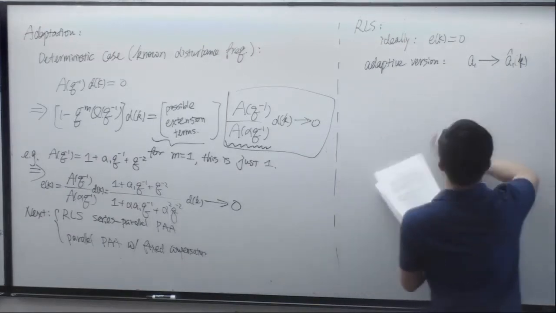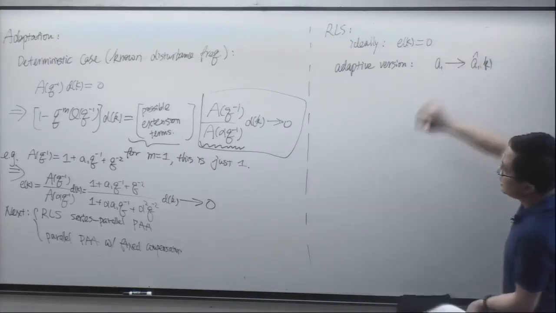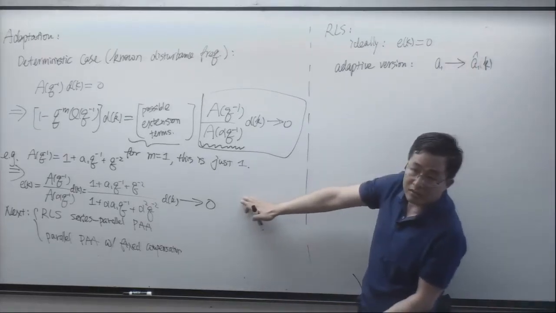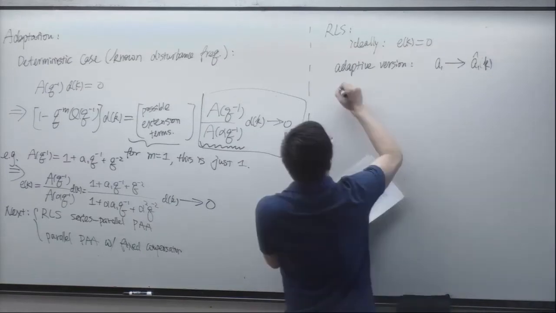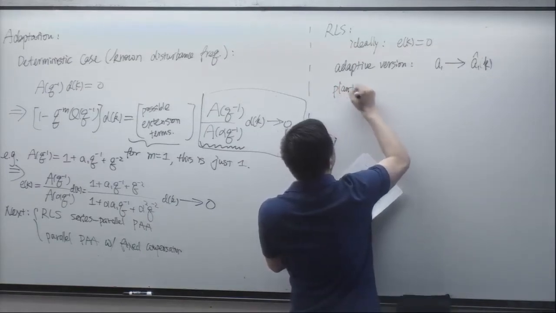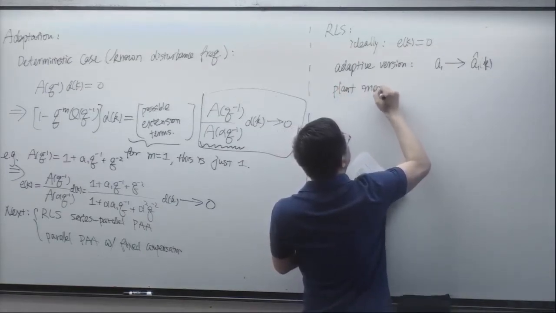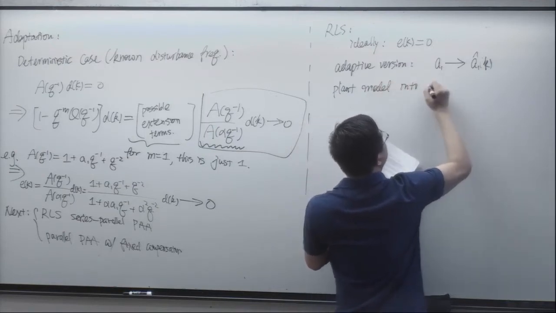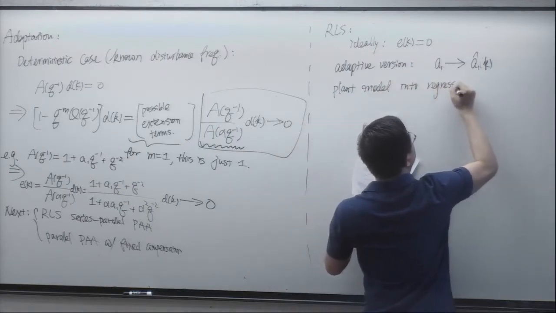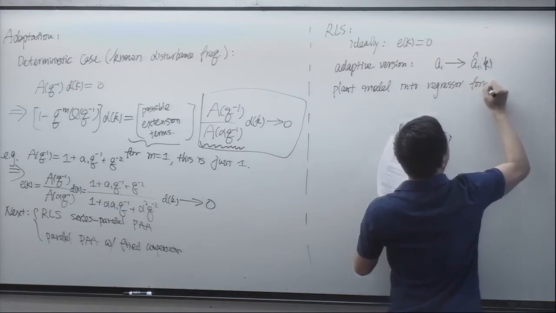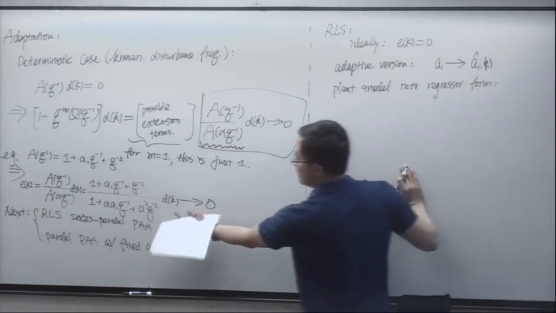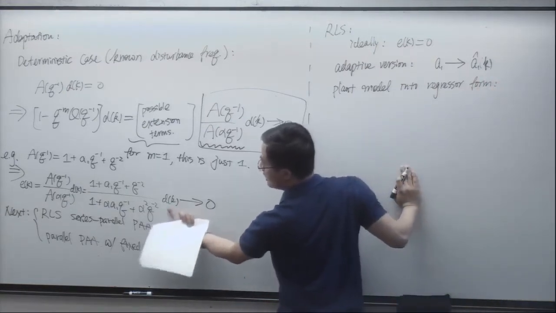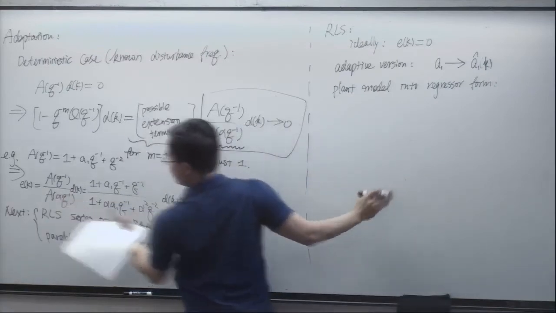let's do this. So let's transform the plant model into our regressor structure first. All right, so plant model transformation. This one, treat this as the input, treat this as the output.